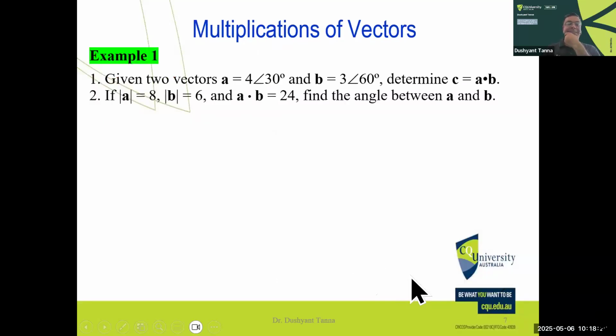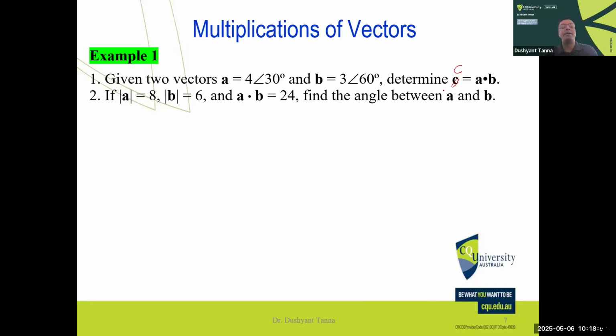Let's put an example. Given two vectors, A is equal to 4 angle 30, B is equal to 3 angle 60, determine C. This has to be not a bold C, just a normal italic C. C is A dot B. Mod A is 8, mod B is 8, or magnitude A if you want to be very specific.